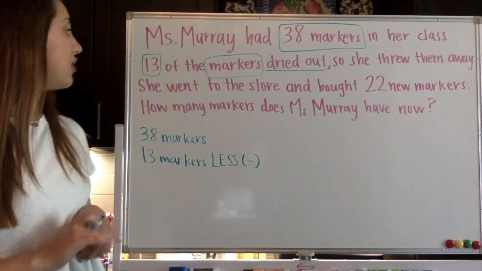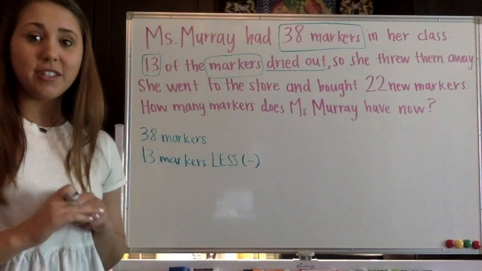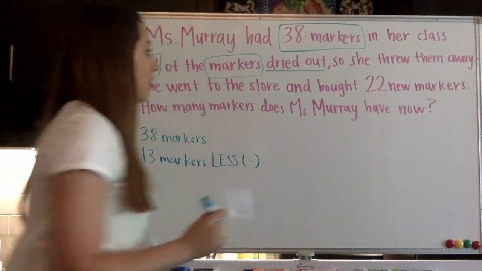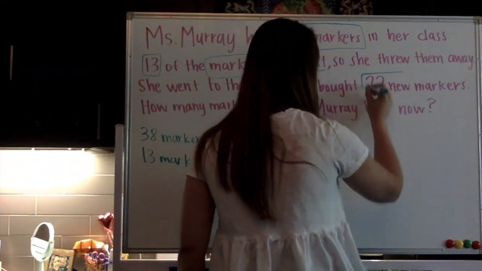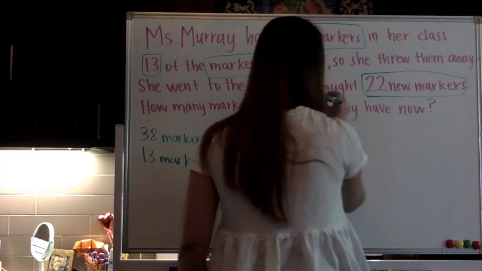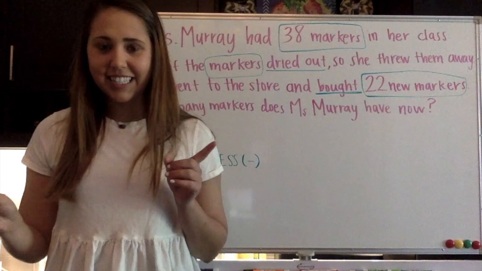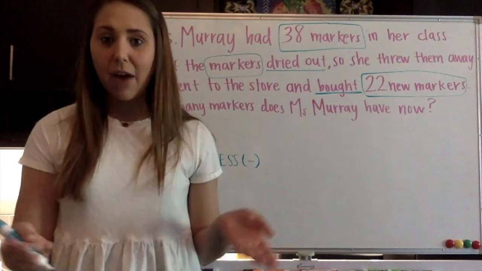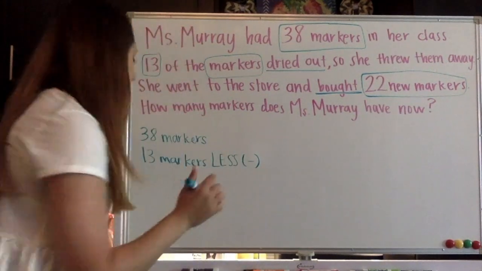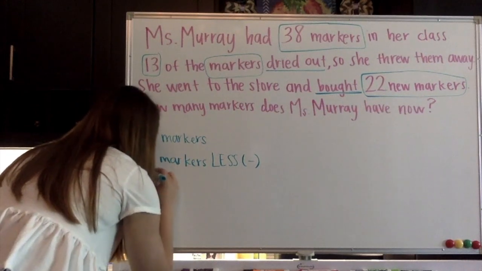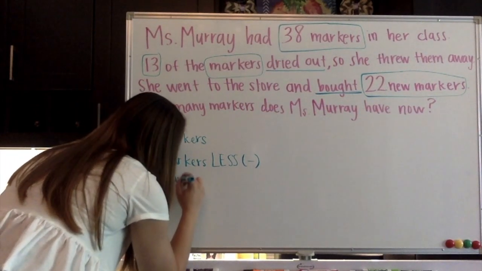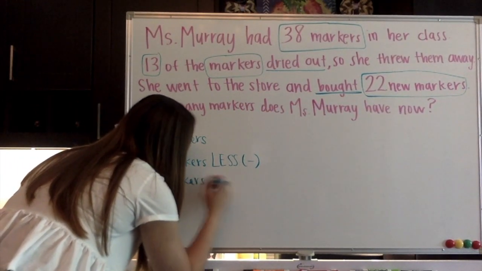The next sentence says she went to the store and bought 22 new markers. So I have 22 markers and she bought them. So does bought mean I have more or I have less now? If I bought them, now I have more.